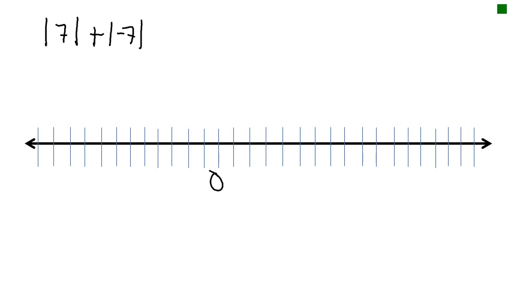So let's go ahead and plot our first 7 on this line graph here. 1, 2, 3, 4, 5, 6, and a 7.